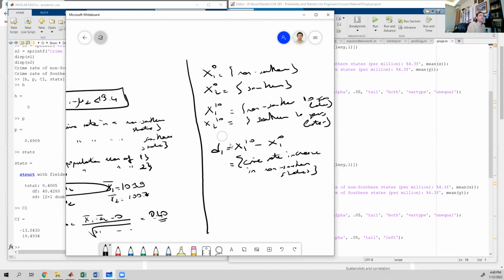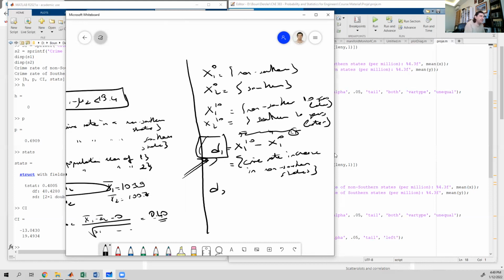This is D1. And note that if you only concentrate on this value, for instance, that would be a paired t-test, because that may be greater than 0, less than 0. Why do I call it an increase? Because if it's a positive number, let's say this is equal to 5, this is equal to 4, then the difference is going to be 1. So a 1 unit increase in 10 years.